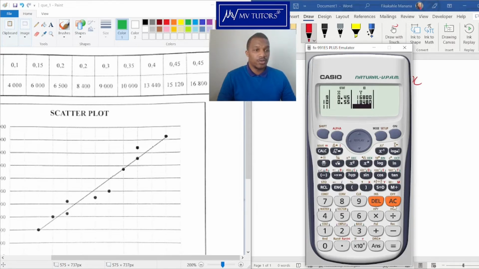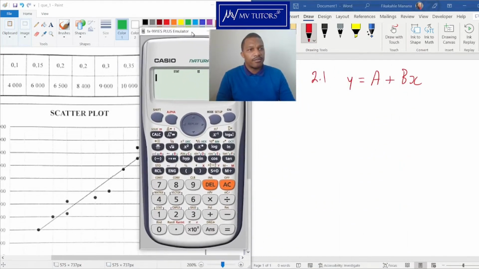The next thing we'll do, we'll press AC or on. What we are looking for then are the values of A and B. Okay, so we go shift, and then we'll go stat, which is number 1 here, and then we're gonna go regression line. That's REG, that's number 5, and then let's start with the value of A. So A is number 1, press number 1, and then we need to press equals.